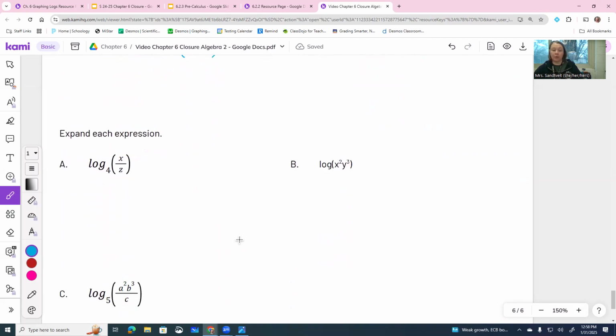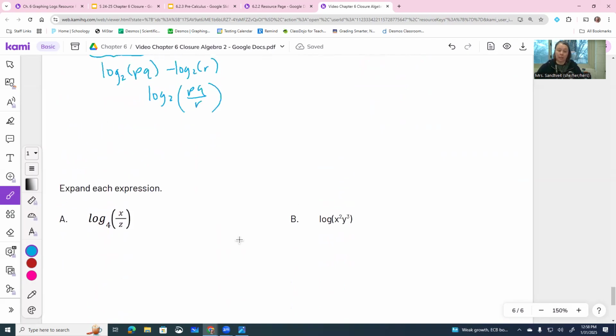Expanding, we're now going the other direction. So I'm trying to make it as big as possible. So the first thing I see is this division. Well, division can be rewritten as subtraction. So it would just look like that. Okay, this is 2 things being multiplied. Okay, the powers aren't on the outside. I cannot bring the 2 or 3 in front right now. It's 2 things being multiplied.